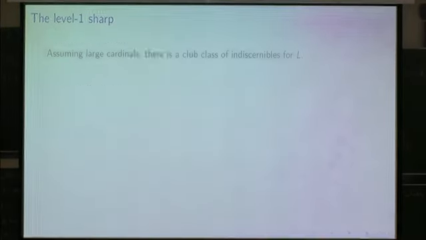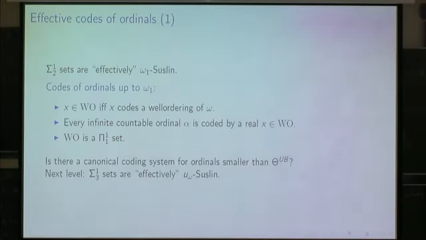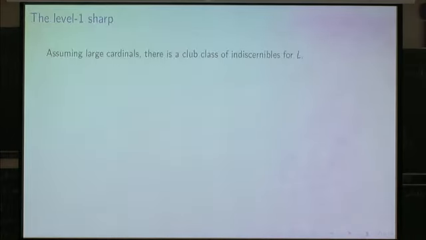So I'm going to introduce the definition of u_omega. We have to assume large cardinals, and the u_omega, or the Suslin representation of Sigma^1_3, relies on the definition of the sharps.